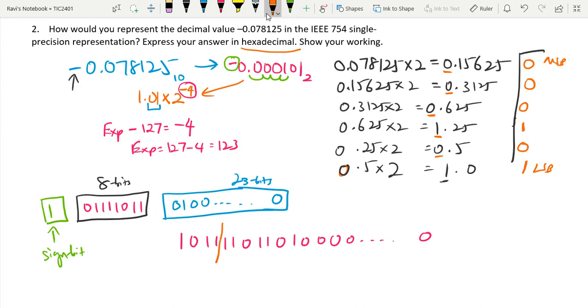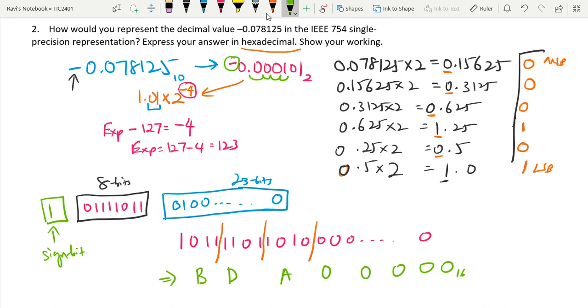I draw a line here, here, and so on. The rest are all 0. So in hexadecimal this is B, this is D, this is A, and the rest is all zeros. That is base 16, your final answer for question 2.